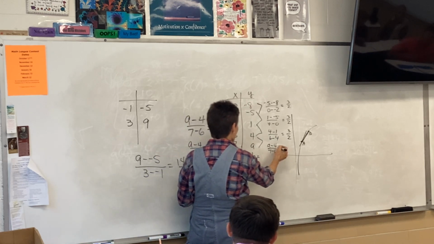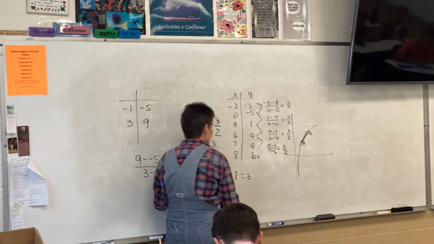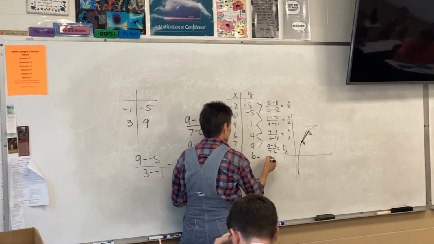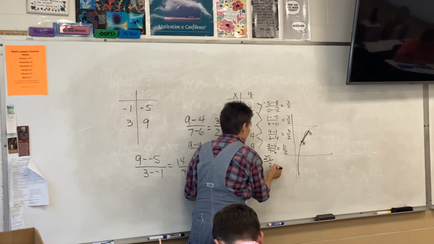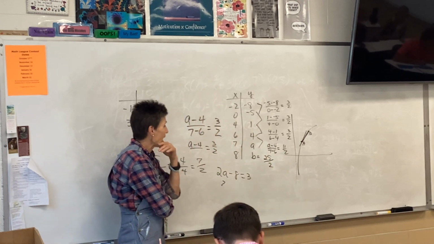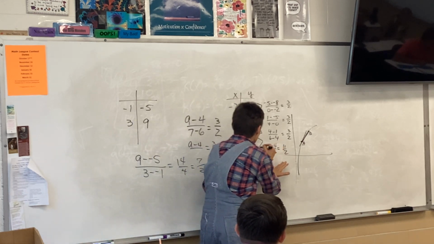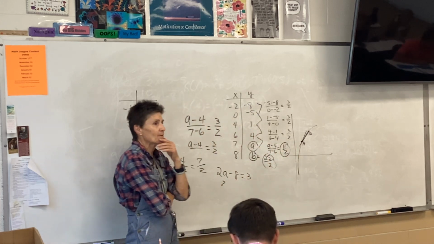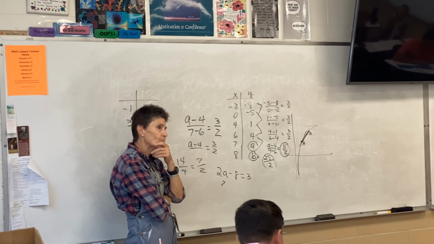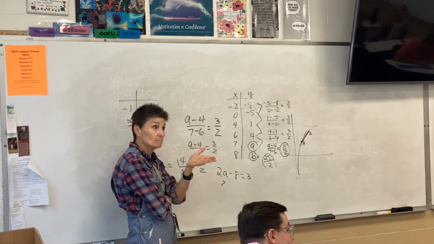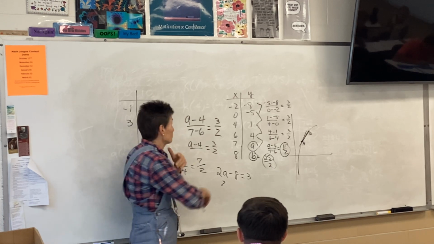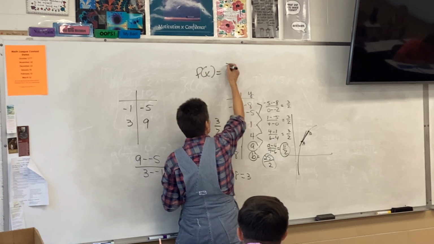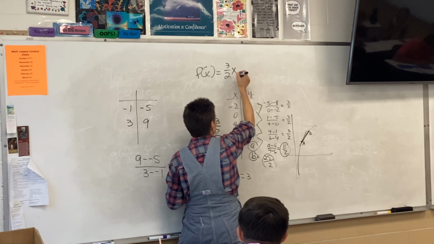So did you get 11 halves? Yeah. Okay. And then you did the same thing for this one and got what? I got 25 over 2. 25 halves? Okay. Now those are A and B values, so that's A and B, those aren't rates of change. Anybody have a different idea? Yeah. I think the formula would be f(x) equals 3 halves x minus 5.